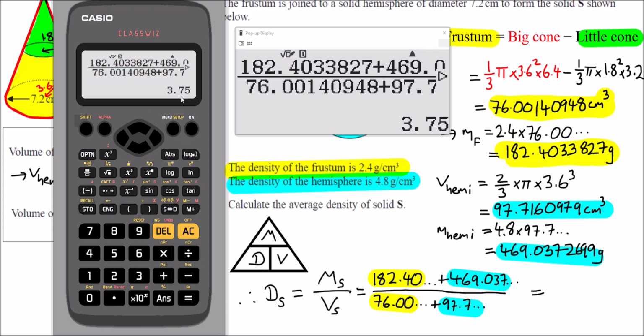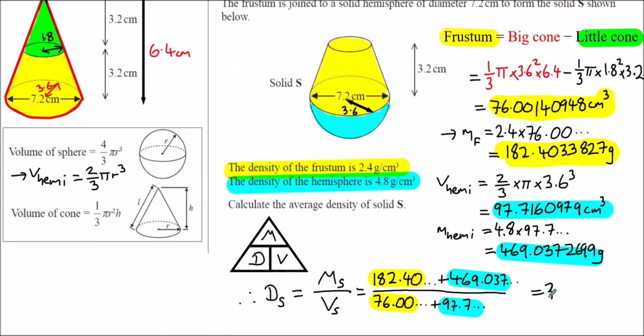And what do you know? We get it exactly as 3.75. And don't forget the units. So the units of the overall density will be the same as the units of density used before, which is grams per cubic centimetre.